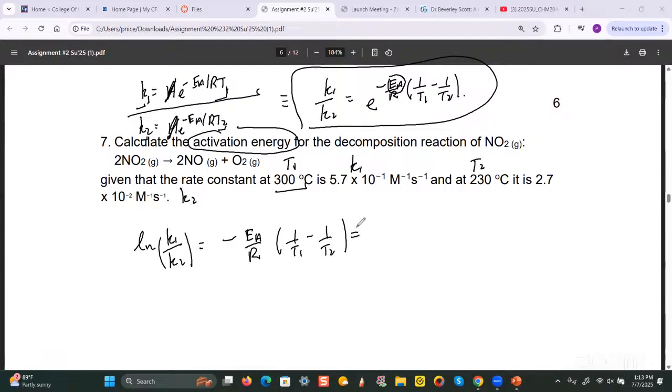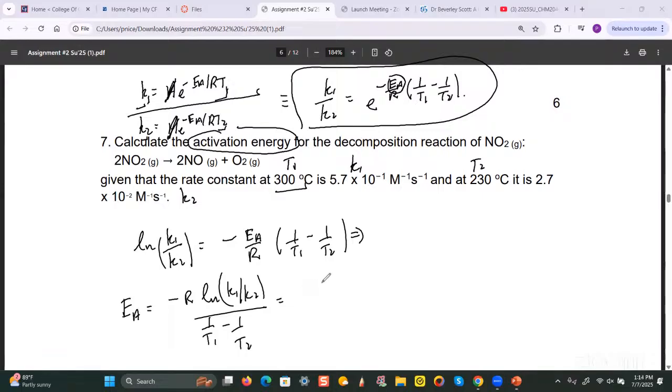And therefore, to get the activation energy, that would be equal to minus R ln k1 over k2 divided by 1 over T1 minus 1 over T2, right? So now, basically, we can plug all these values into this equation.